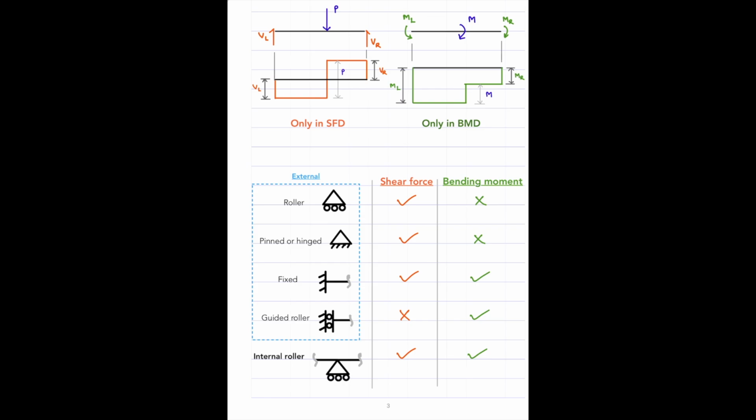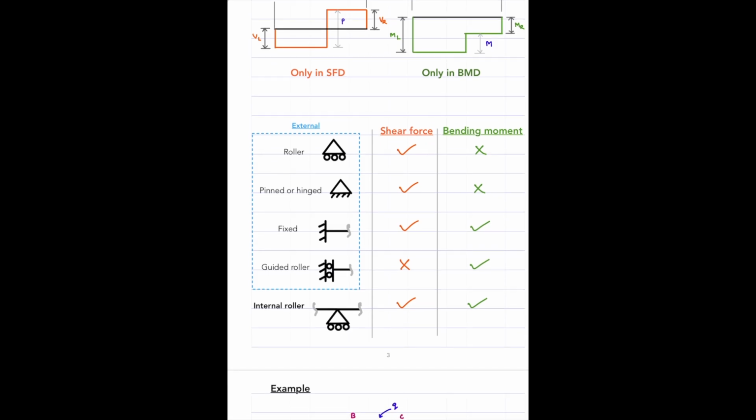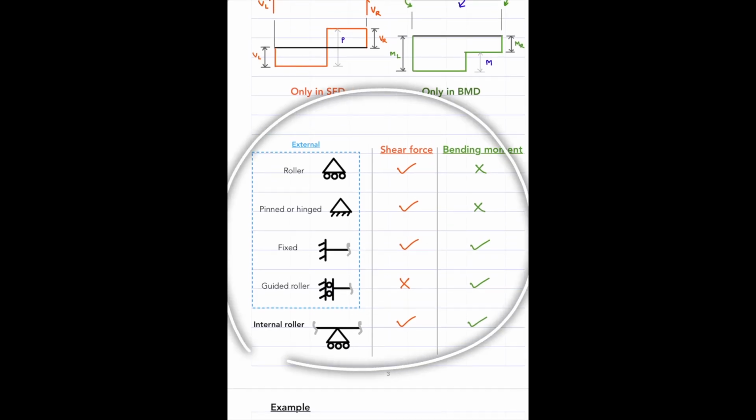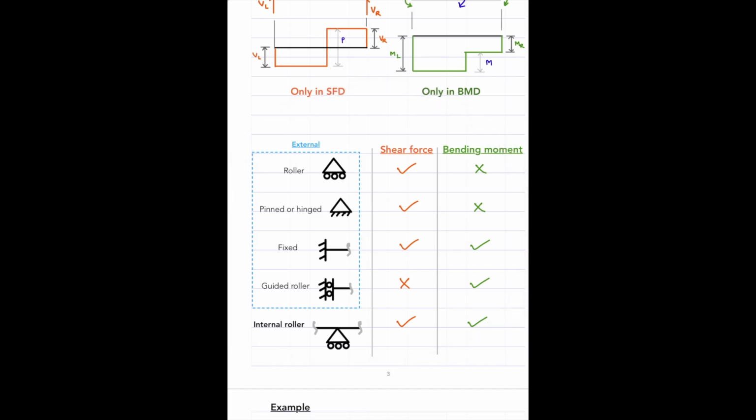Apart from this, what else one should have in mind are some thumb rules, what I would say. If we have a continuous beam, we can have external supports and internal supports, right? Let me say you have a roller here, a roller here, and a pin support here.